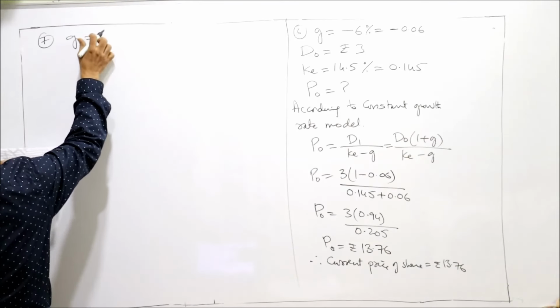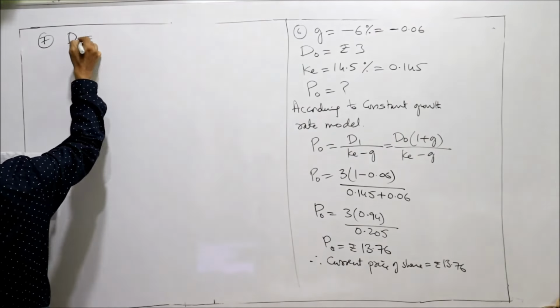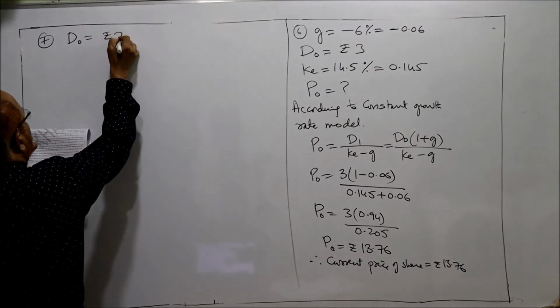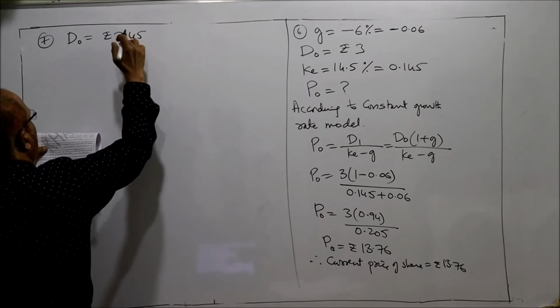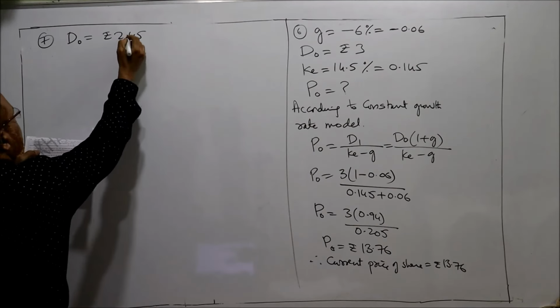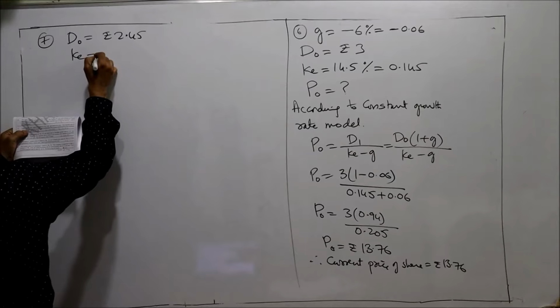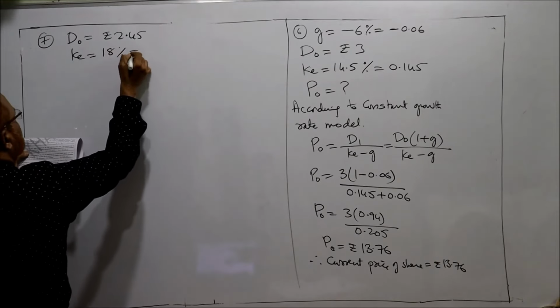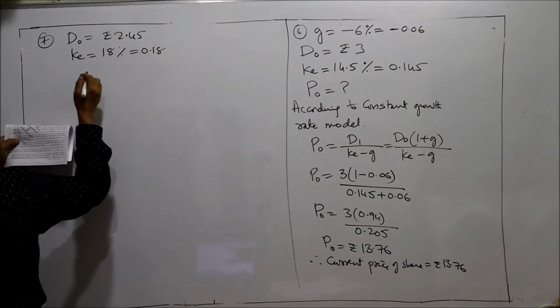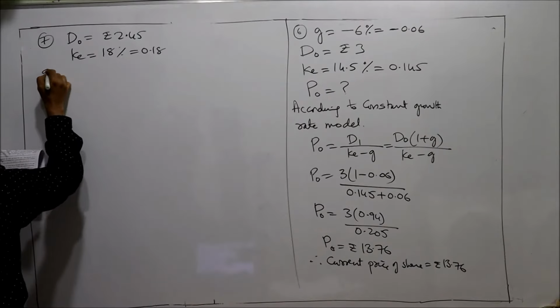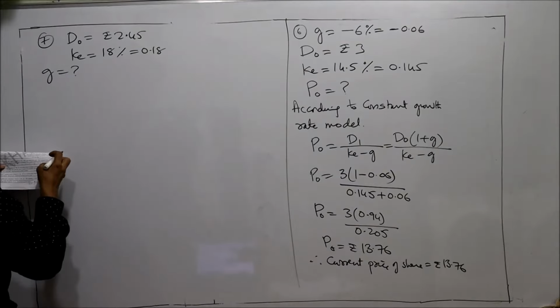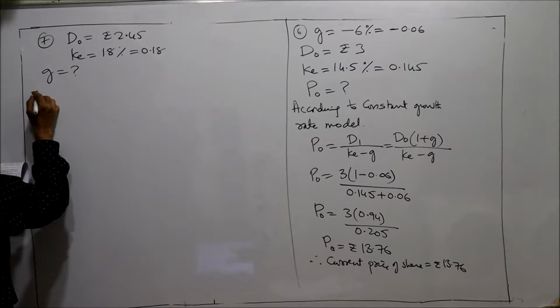G is equal to, first of all, D0. What is the current dividend paid? 2.45, 2 rupees 45 paisa. The required rate of return Ke is equal to 18%, 0.18. Find the growth rate. G is equal to how much?